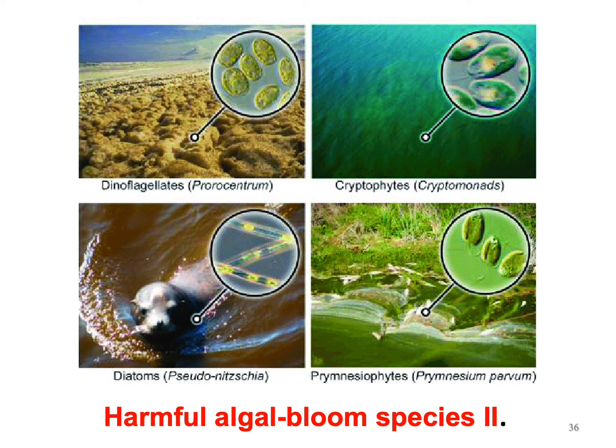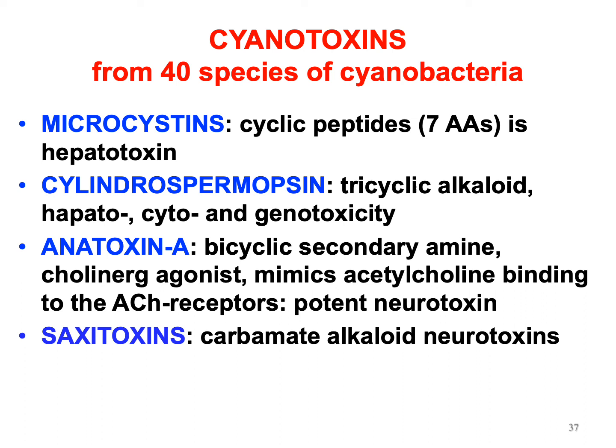One more picture about the harmful algal bloom species and to see some details about the cyanotoxins, which are the most dangerous. From 40 species of cyanobacteria, we have many toxins, but four groups of toxins should be mentioned.